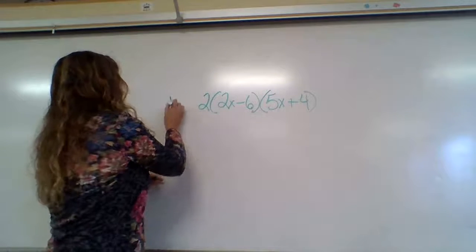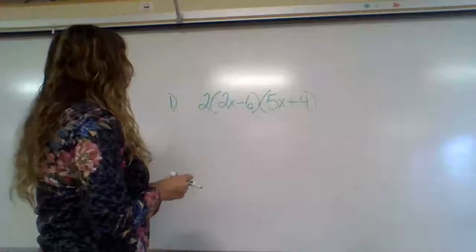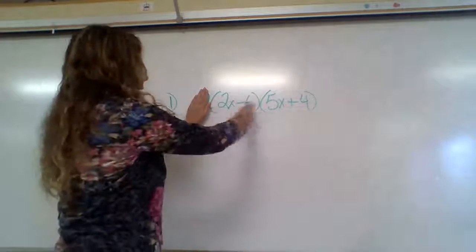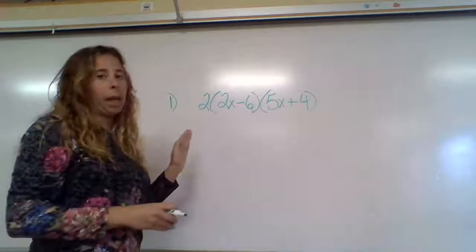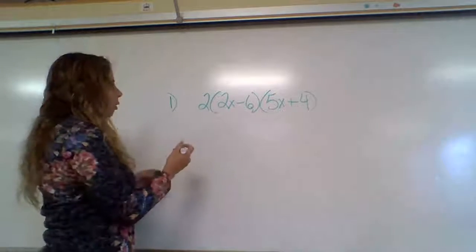This is number 1. You can either, to start, ignore the 2 and FOIL these, so 2-part distribution, and then multiply everything by 2 at the end. Or, like I like to do, you can start by distributing the 2.